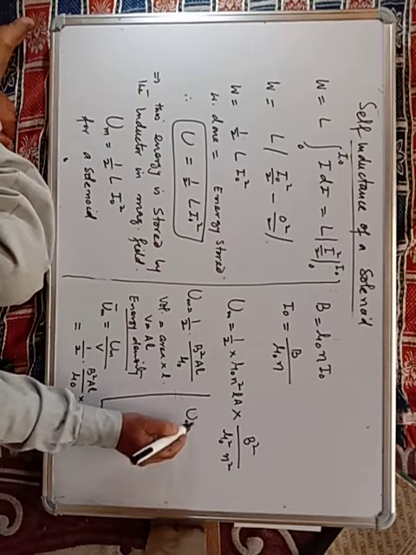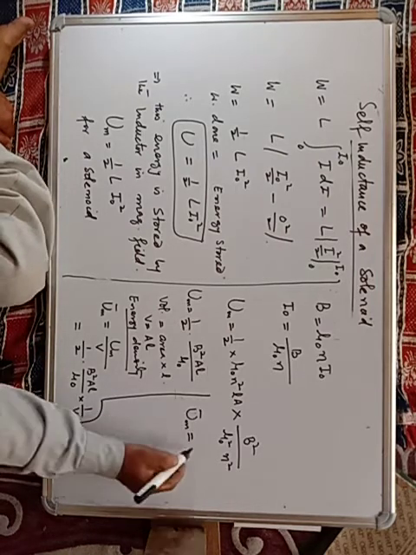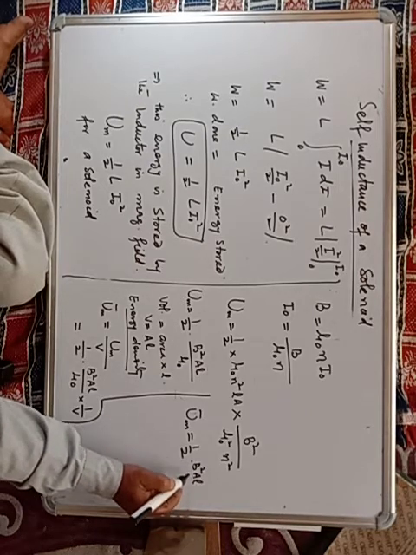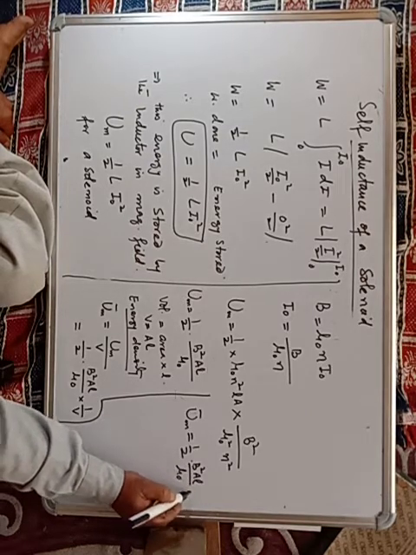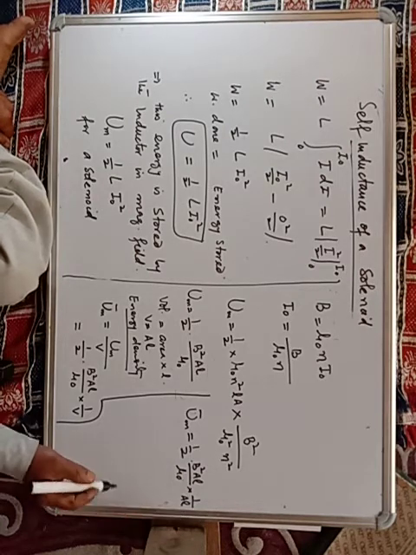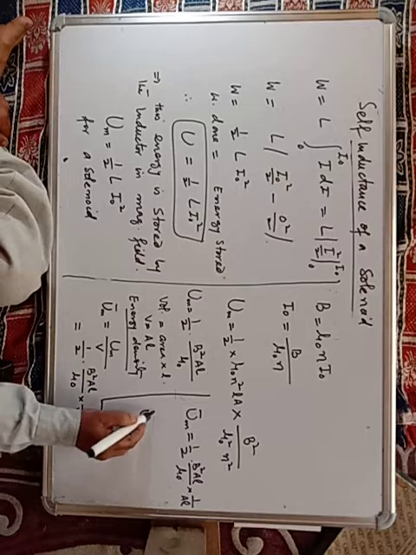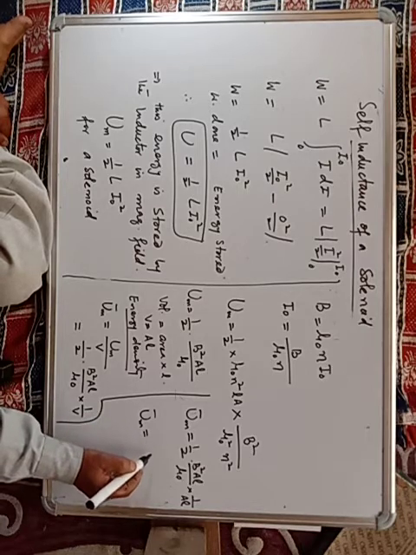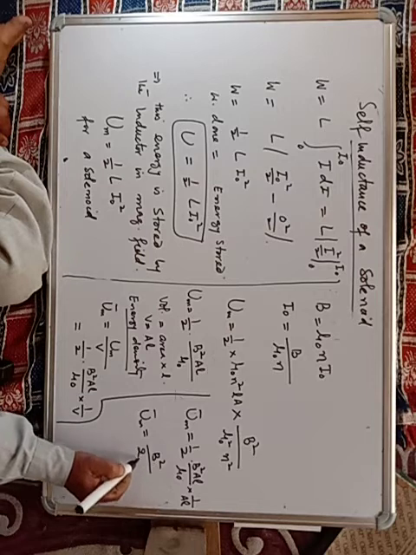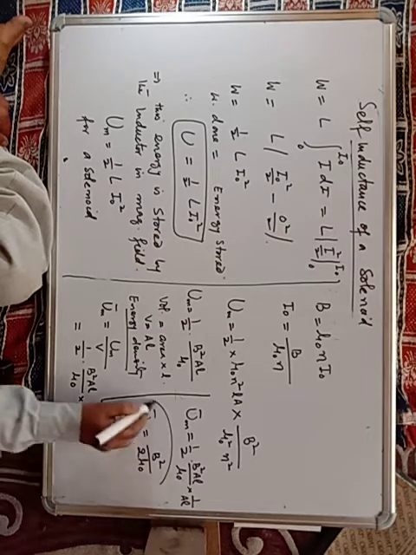So Um bar is equal to 1/2 of B square AL divided by mu naught multiplied by 1 upon AL. AL और AL cancel होगा, so Um bar is equal to B square divided by twice mu naught.